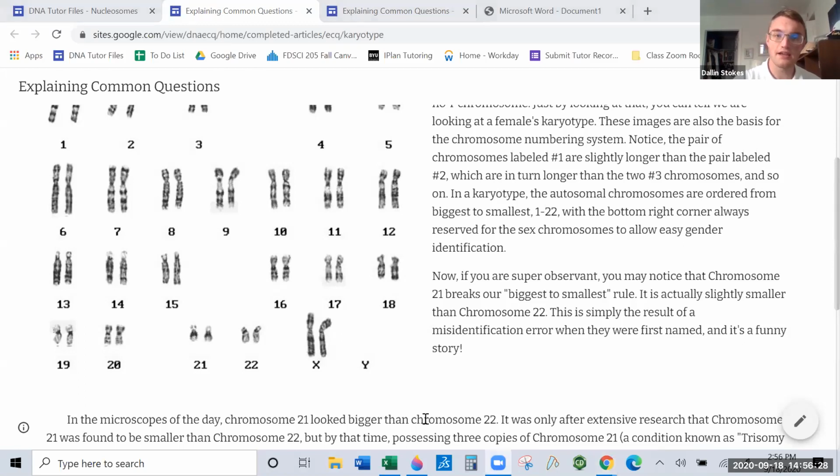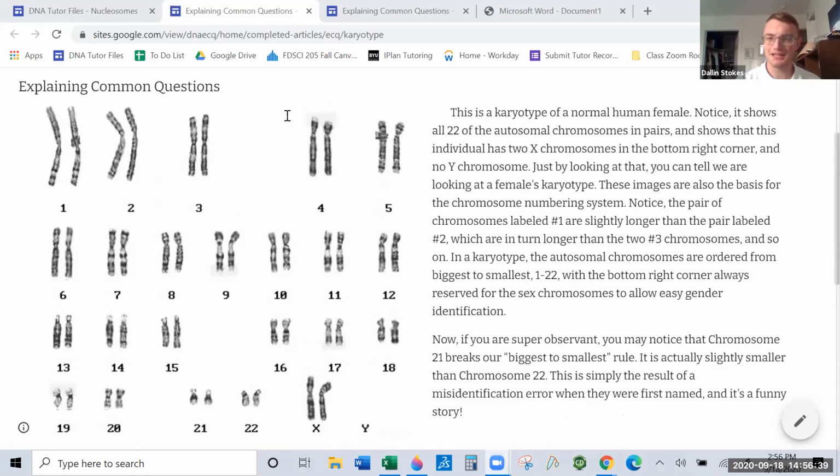The second thing that you can tell from a karyotype is how many chromosomes they have. I know it seems really obvious, but because a karyotype is a photograph of all of the chromosomes from inside one cell, you can tell how many chromosomes that person has. Humans, if you went in and counted them, there are 23 different kinds of chromosome and 2 of each.